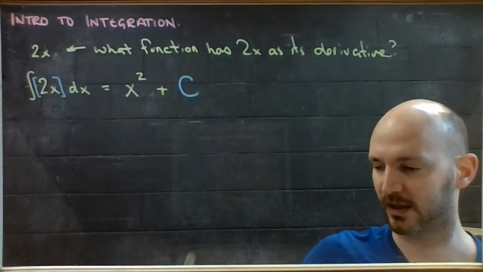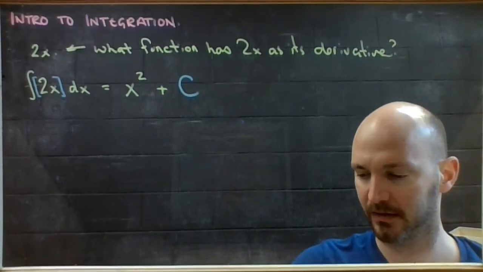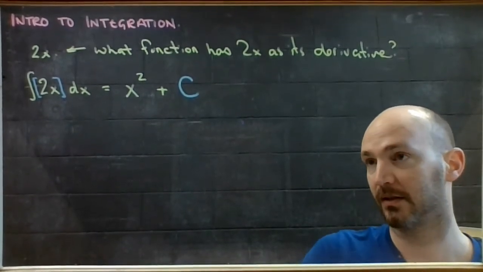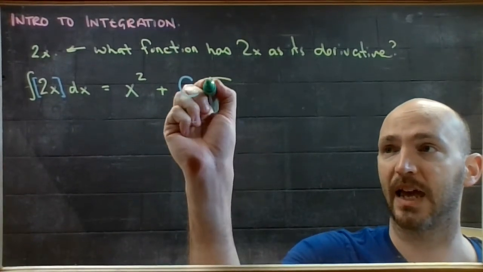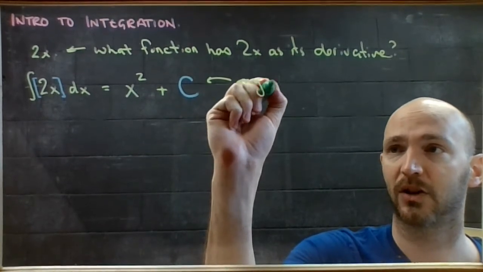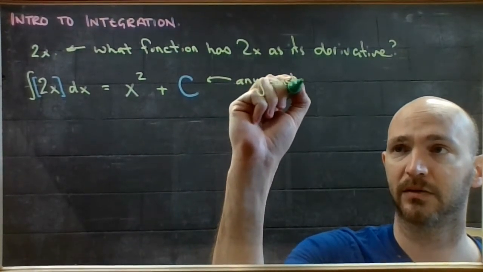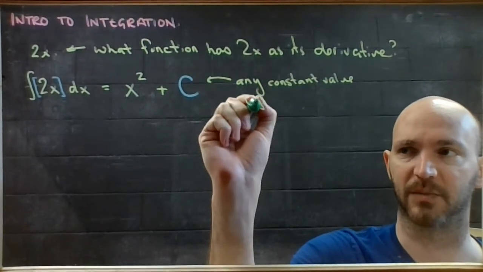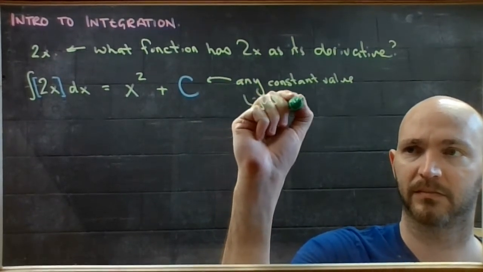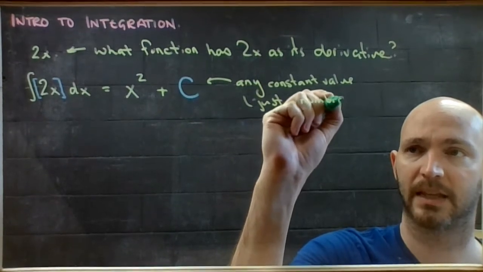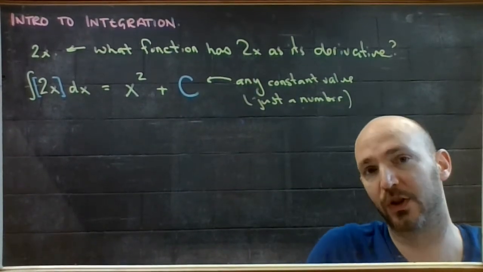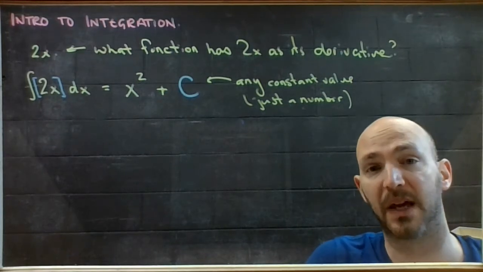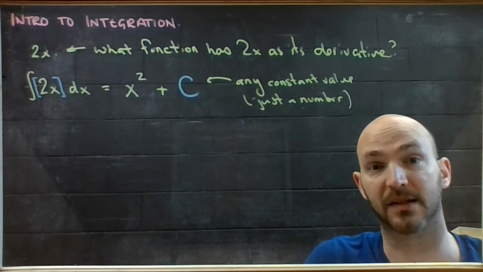Okay, so c is just any constant value, which is just a number. Now, there will come a time when you're doing an application where you need a specific number there, but that's based on the context of the problem.